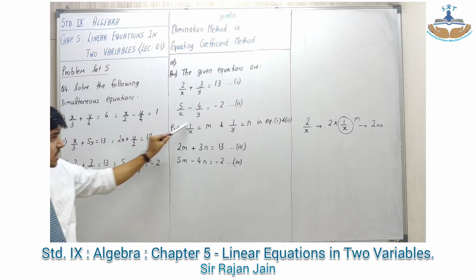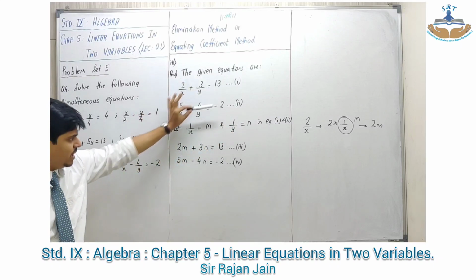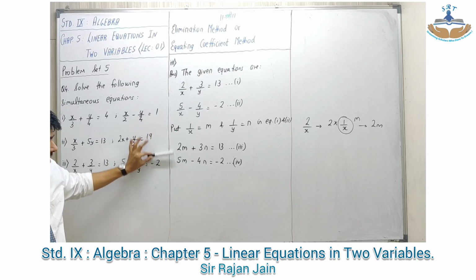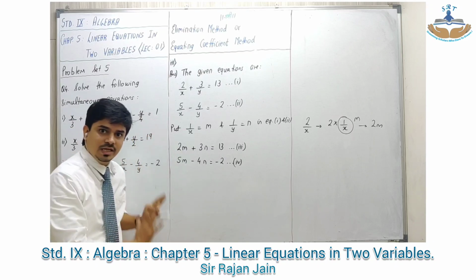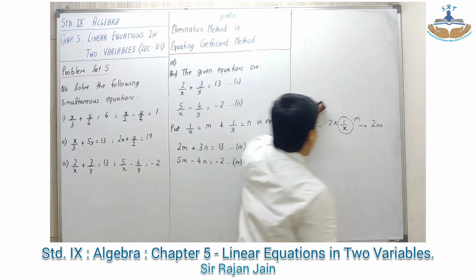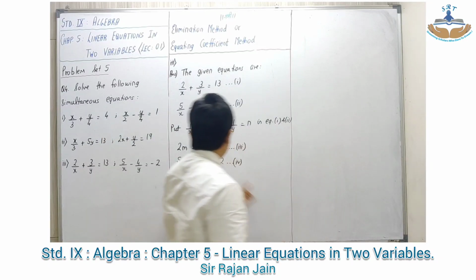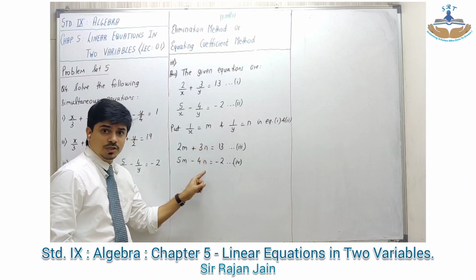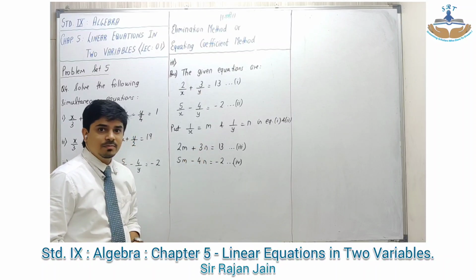Once I put this substitution, जो given equations हैं, I have converted them into proper linear equations. अभी इसको regular method से solve करो, by elimination method. I'll try to eliminate the coefficient of n because they are with opposite sign. 3 and 4 का LCM क्या है? 12.